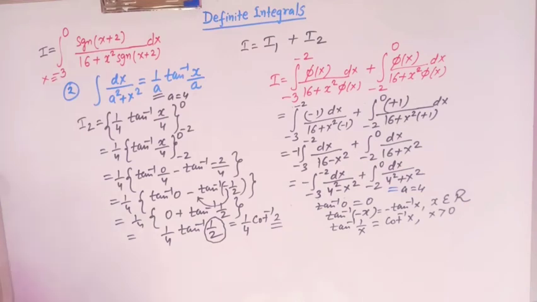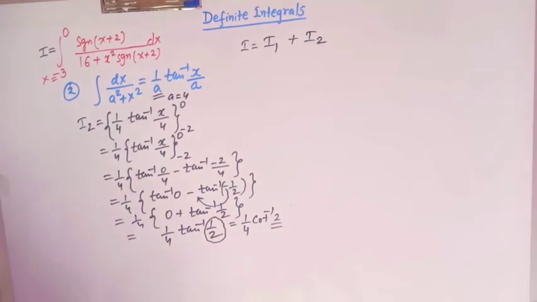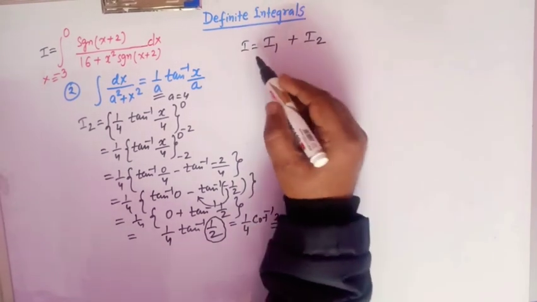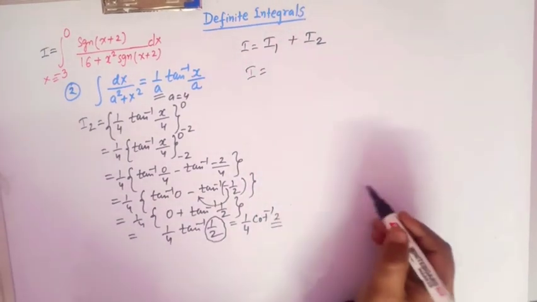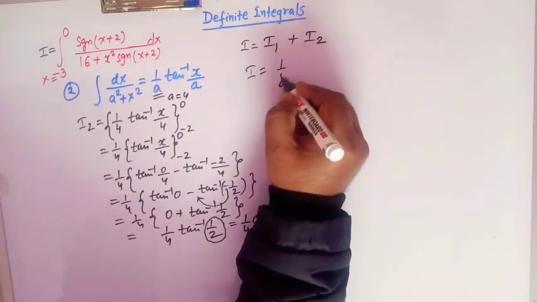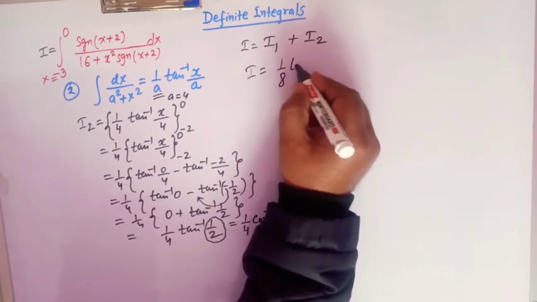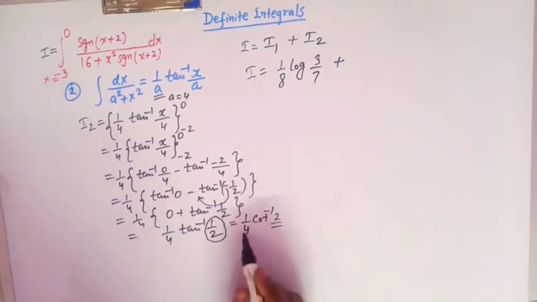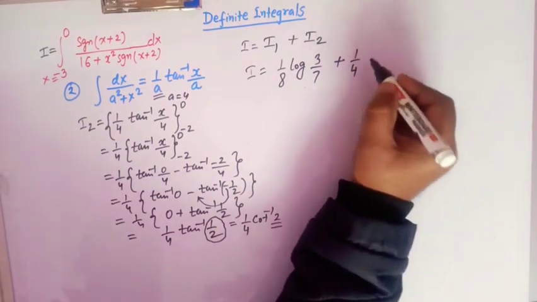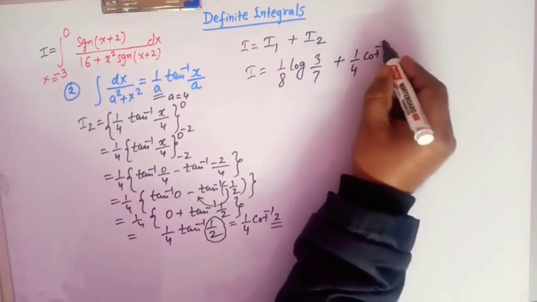So now we can write this integral I as a sum of I1 and I2. So now I is I1 plus I2, and the value of I1 was 1 over 8 log of 3 over 7, and I2 is 1 over 4 cot inverse 2.